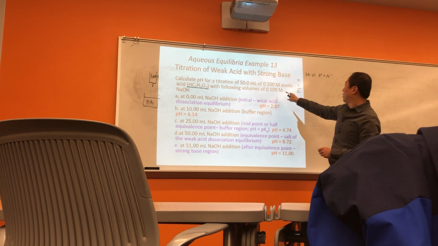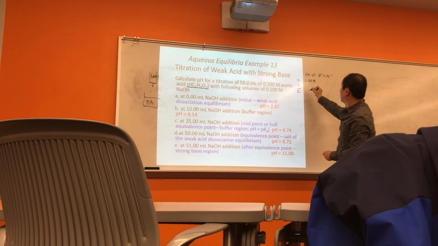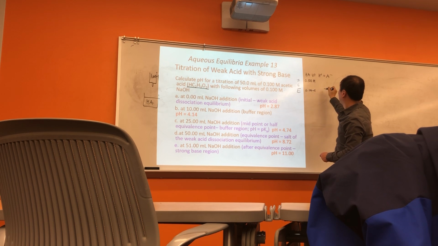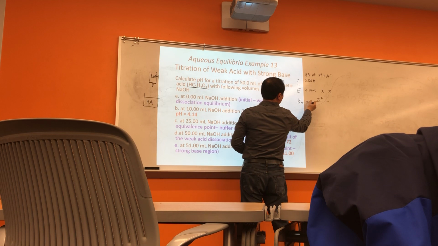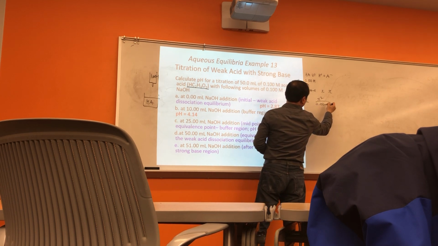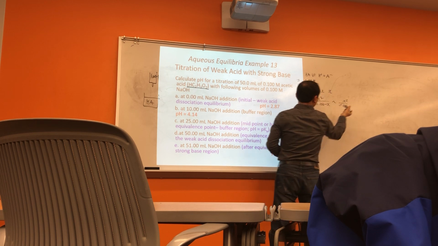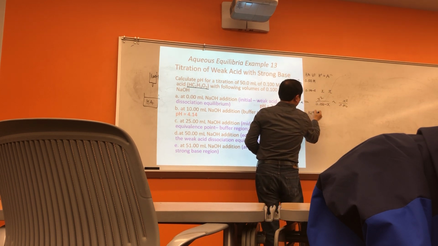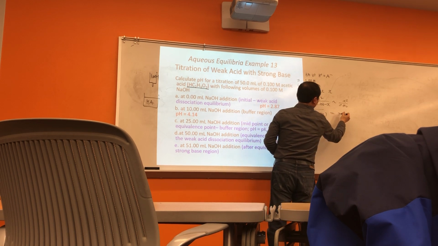So we have 0.10 weak acid. So certain amount dissociates that you create that much. So Ka is x squared over 0.10 minus x. You can approximate it as x squared over 0.100. So x squared will be Ka times 0.100, inside square root, that's your x.